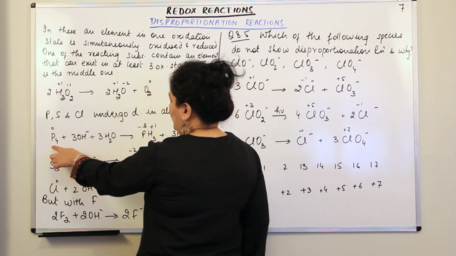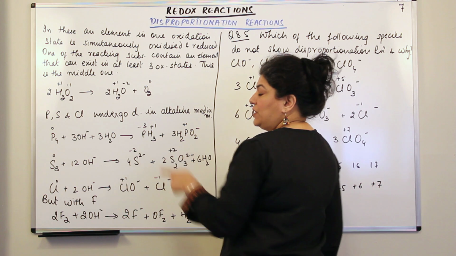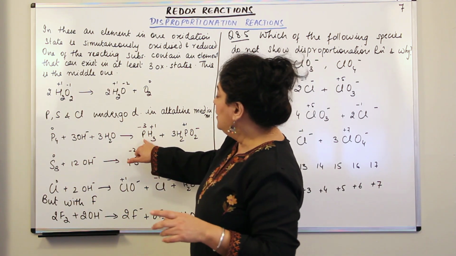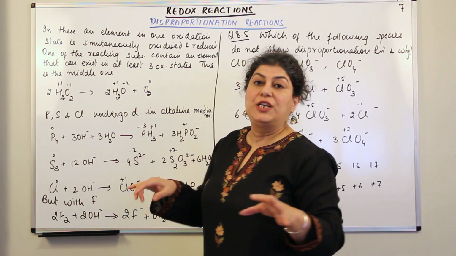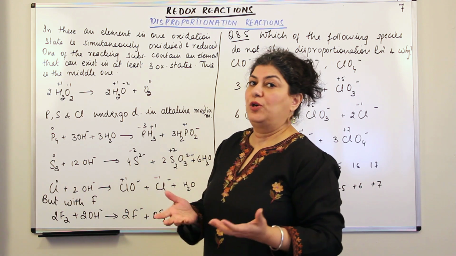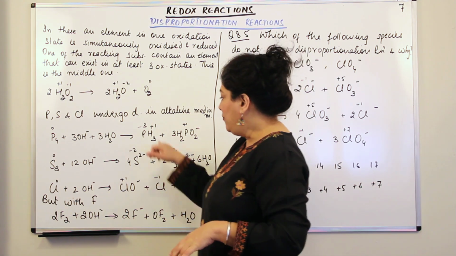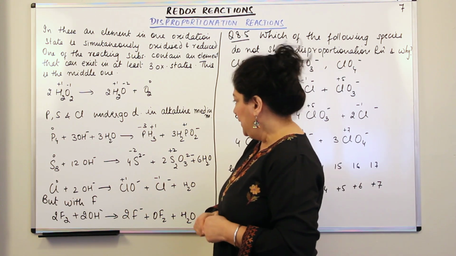Phosphorus here is 0, and it results in the formation of PH3. In phosphorus trihydride, PH3, the charge on phosphorus is -3, while hydrogen has a charge of +1, hydrogen being more electropositive than phosphorus. Therefore, it has a charge of +1, but phosphorus has a charge of -3.